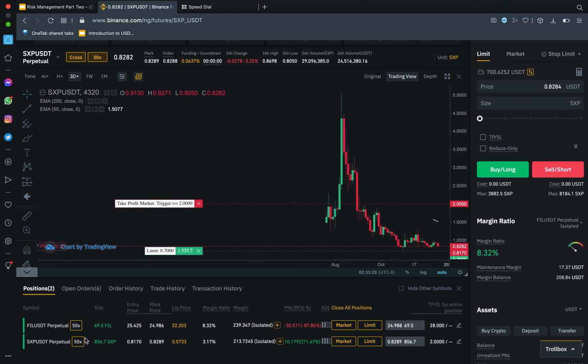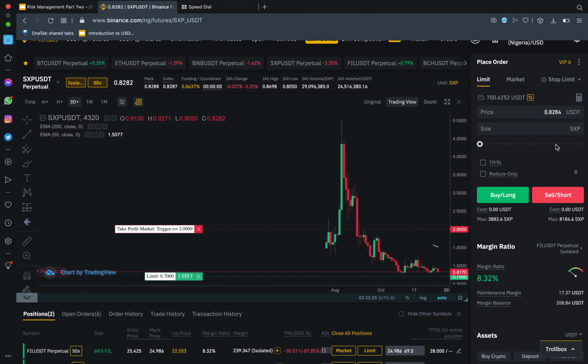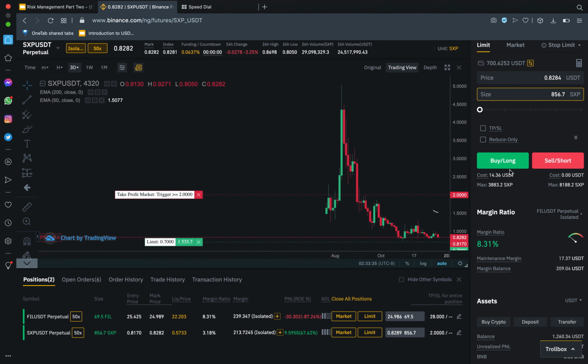Let's say you want to trade 856.7 units of XSP, and it's going to cost you just $14 to trade. When you enter that trade with isolated margin, that could be the only amount that would be allotted to that trade.